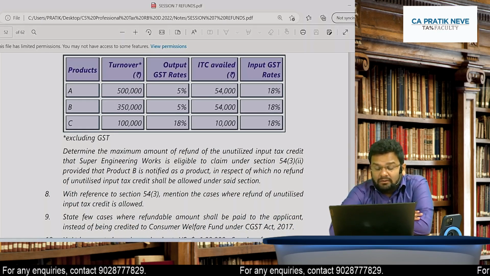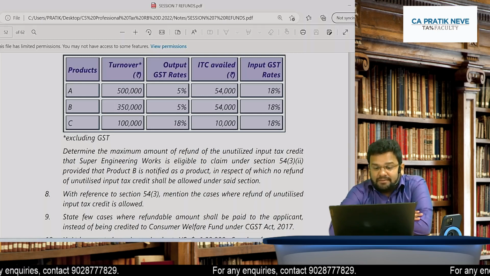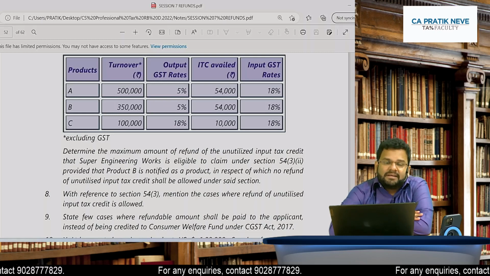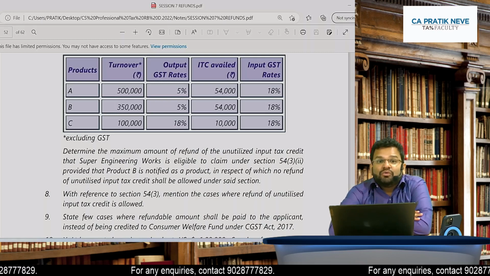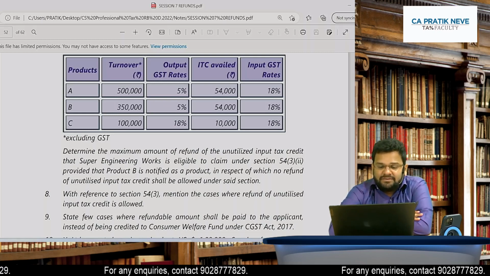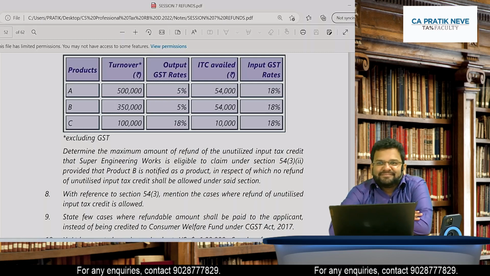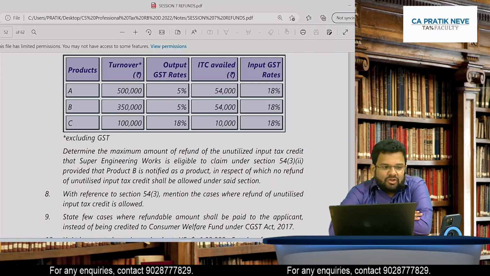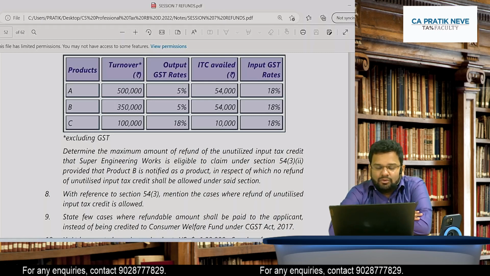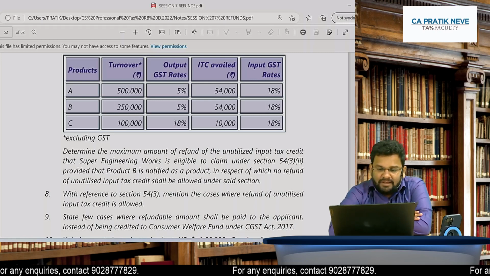Go through the percentages of GST, output tax and input tax percentages, and tell me where do you find inverted duty structure? Very good.